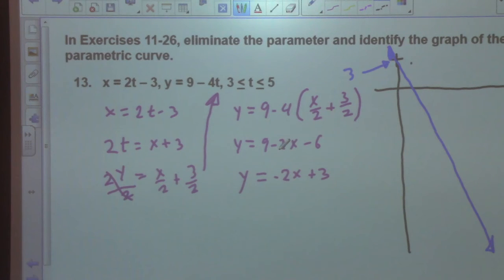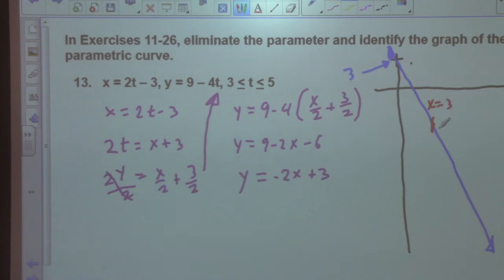That was really good work. Now what Kayla was asking is, what do we do with this 3? Excellent question. What you can do is plug in 3 for t. If you plug in 3 for t, what do you get? You get x equals 3, which means for the purposes of where this actually shows up, you start right here at x equals 3.